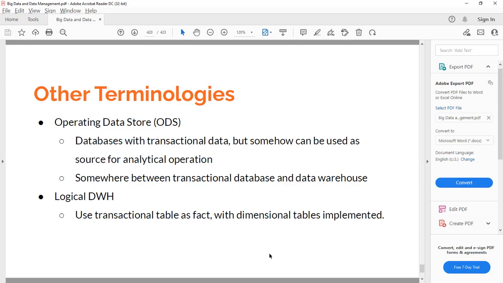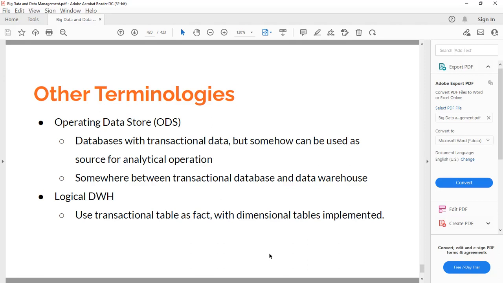But they are different. A systematically built ODS is different from a traditional transactional database in that it still has some lookup tables. They follow some relational design principles, and on top of that, add some dimensional lookup tables. So this is what you see at an ODS.